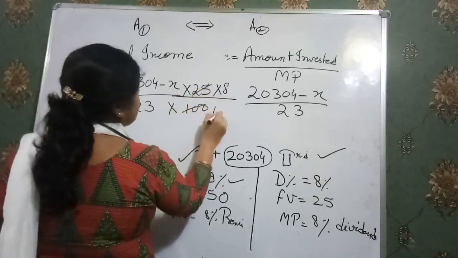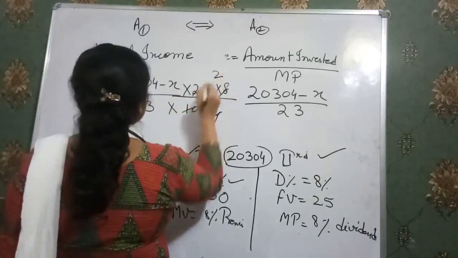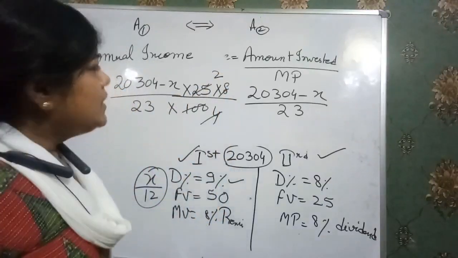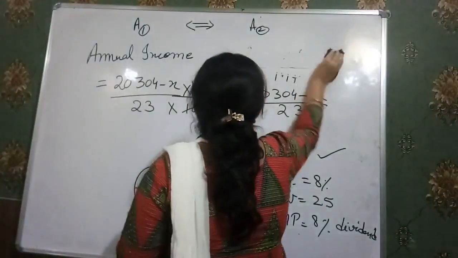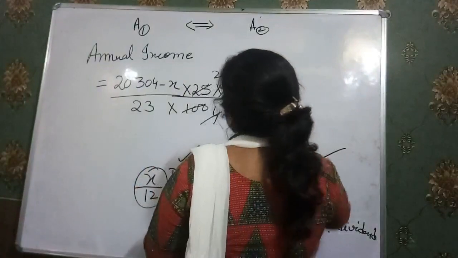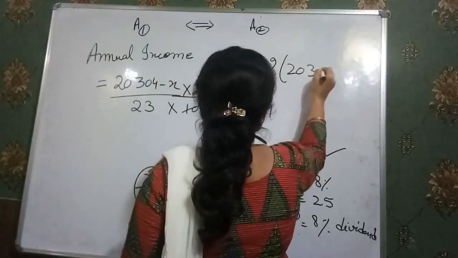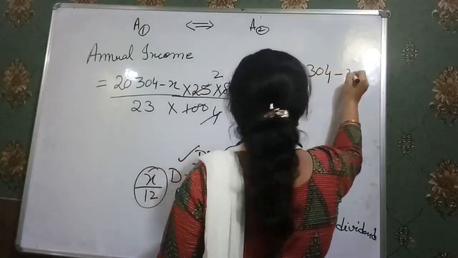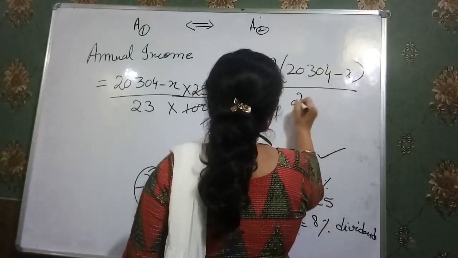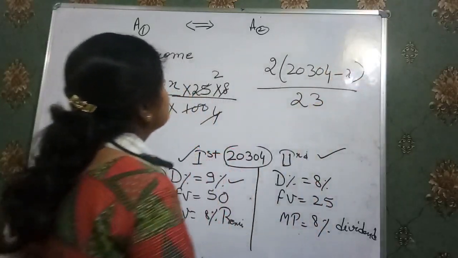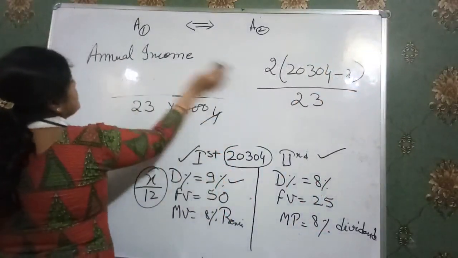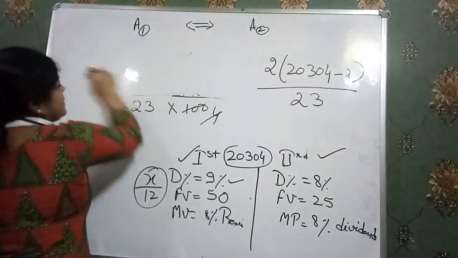It gets cancelled. Now we are left with, in the second case, 2 into 20304 minus x upon 23.